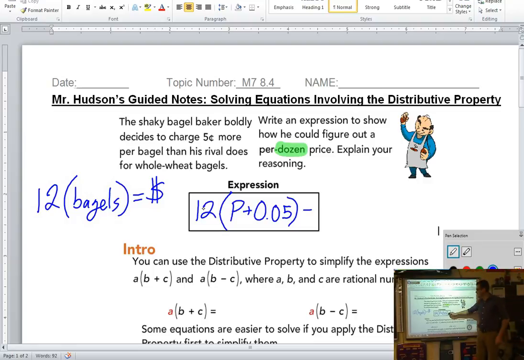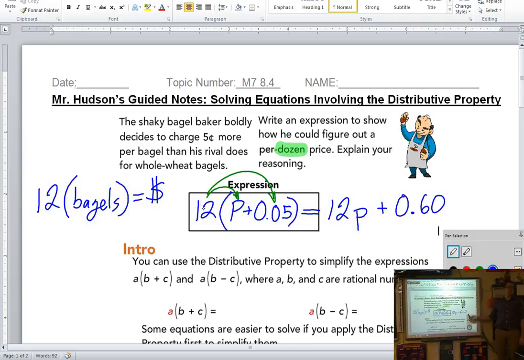So if I want to rewrite the expression as an equivalent expression, it would turn into 12p plus, ooh, be careful, if we distribute this, the 12 would come to the p and the 12 would come, ooh, yeah, plus 60 cents. So his dozen price will be 60 cents more than his competitor's dozen price.